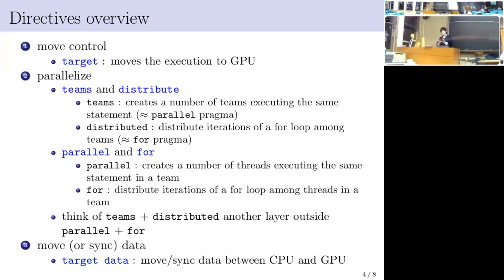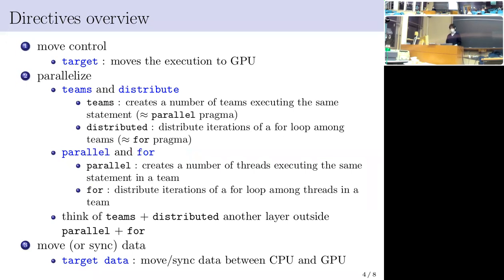It takes a for loop just below this distribute directive, and the primary purpose is to distribute loop iterations into the teams you have just created. So it's pretty similar to what you did with parallel and for on multi-core.